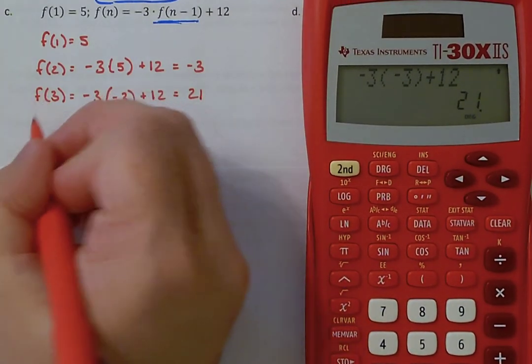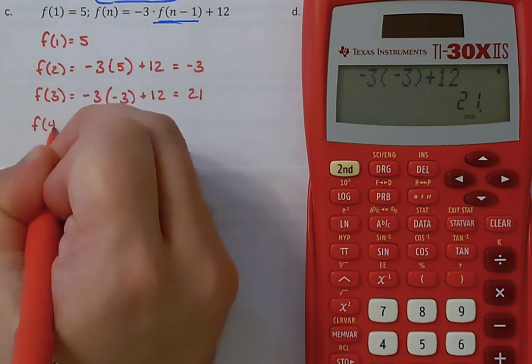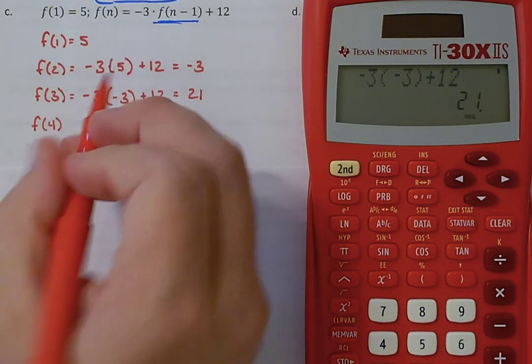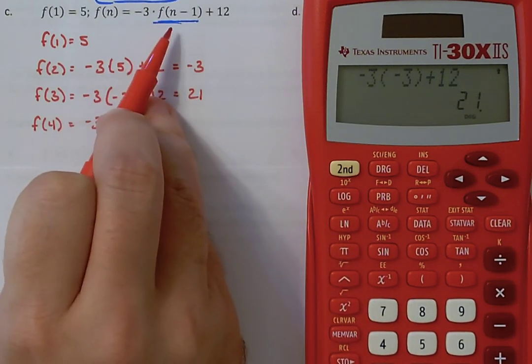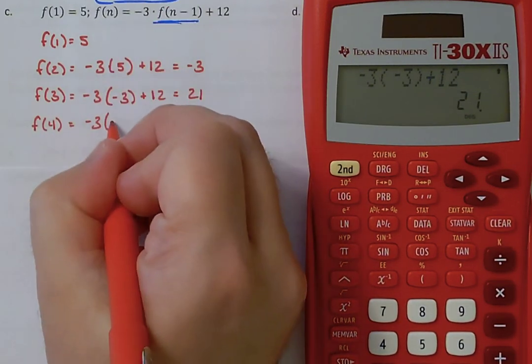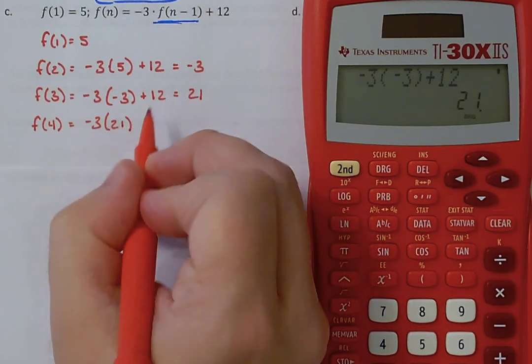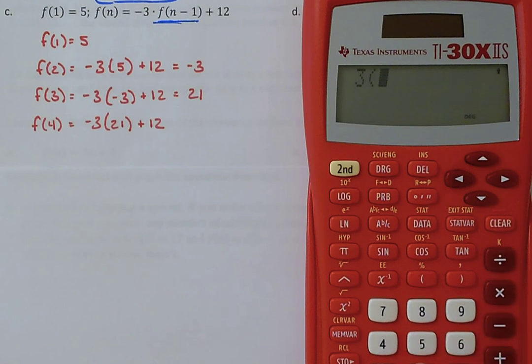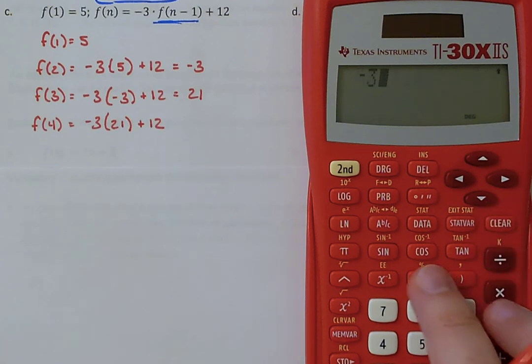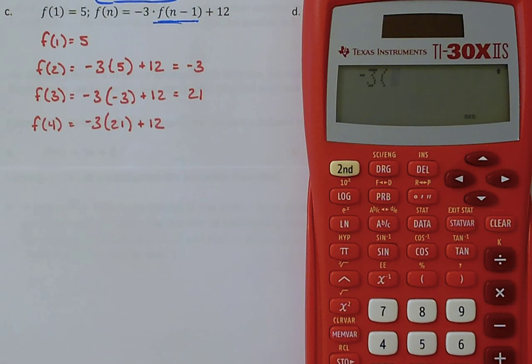Now, for the fourth term, again, it's negative 3 times the previous term, which is 21, plus 12. So we're going to do negative 3 times 21 plus 12, and we end up, whoops, I forgot the negative sign. So negative 3 times 21 plus 12.